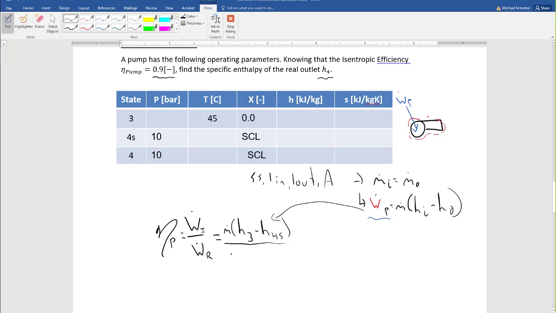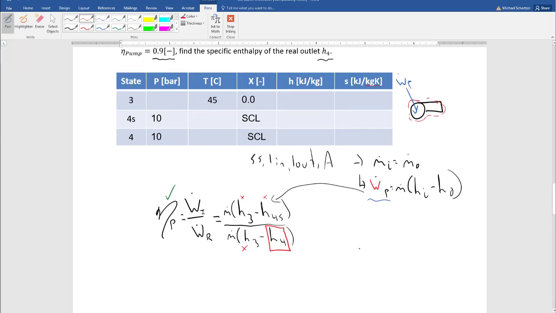And then for the real pump, this is going to be m dot times H3 minus H4. So now it's a little different than when we were rearranging things last time, because this time it's H4 that we don't know, and we're told the isentropic efficiency of the pump. We still haven't actually fixed any of these things yet.